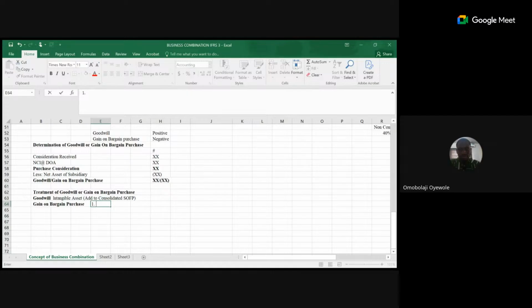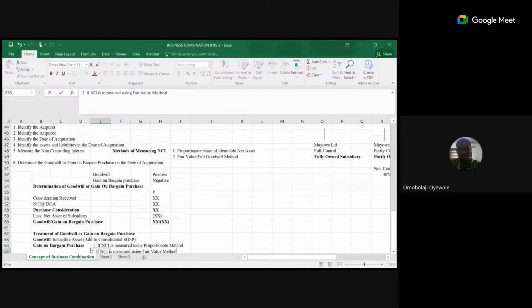Number one, if NCI is measured using proportionate method, then number two, if NCI is measured using fair value method.